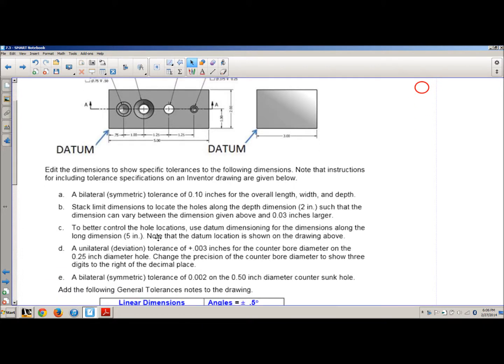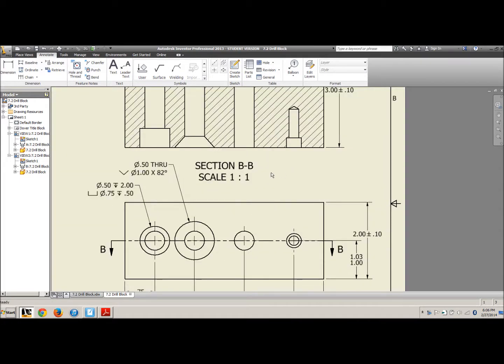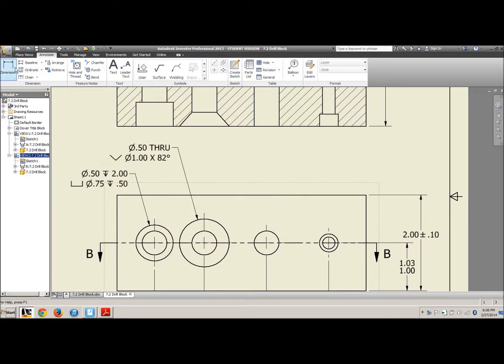Now they want us to add some specific tolerances to the holes. So of course, before we can do that, we're going to need to do all those hole notes again. So of course that's simple to create those. One of the things, looks like this title is going to end up in the way, so I'm just going to drag that and move that up here.